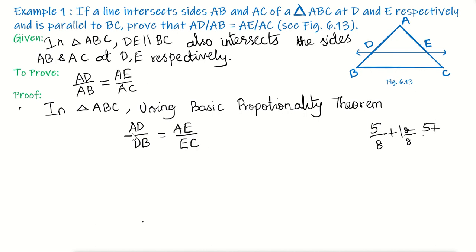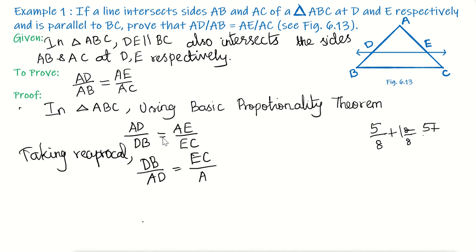So first, what can we do? We can take the reciprocal of this equation. Okay, so taking the reciprocal on both sides of the above equation, we will get DB by AD is equal to EC by AE. Okay, now adding 1 on both the sides.